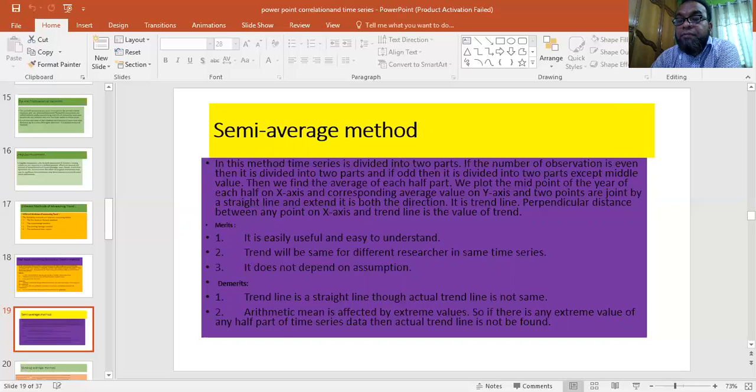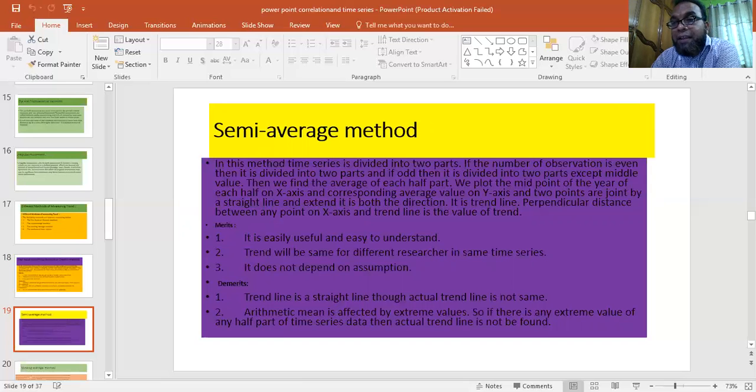So after plotting the 2 average values, you will get 2 points corresponding to different years. Then we can join these 2 points and extend the line in both directions, upward and downward. This is called the trend line by the method of semi-average. This method is very important.